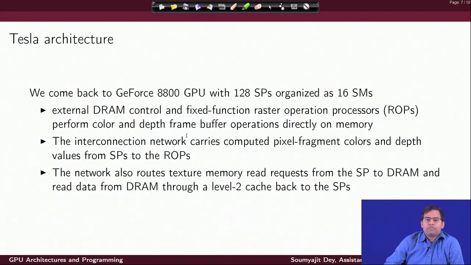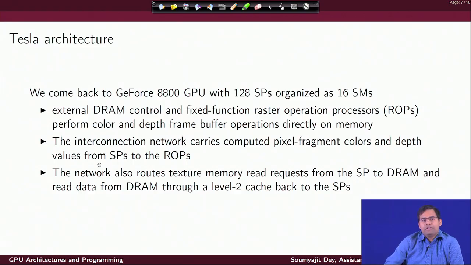So, with this, just to finalize once again, you have these raster operations still in fixed function blocks. The data flows between these ROPs and the DRAM through this level 2 hierarchy, and the interconnection network will carry the fixed fragment colors and depths from the SPs to the ROPs for doing the raster operations.